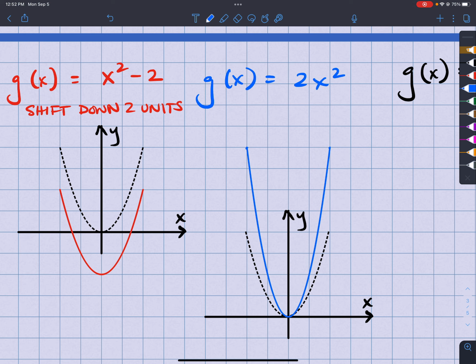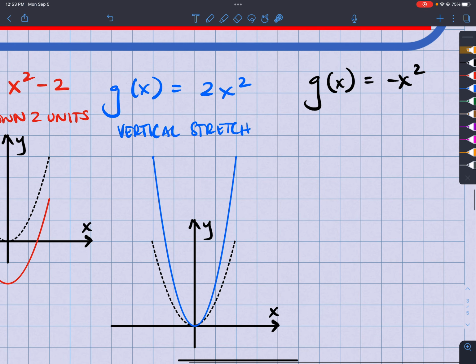This is called a vertical stretch. Okay, happens to be double the amount, right? Because it's 2 times. So notice how my x, however, never changed. Only my y value changed because the 2 is affecting the y and not the x.